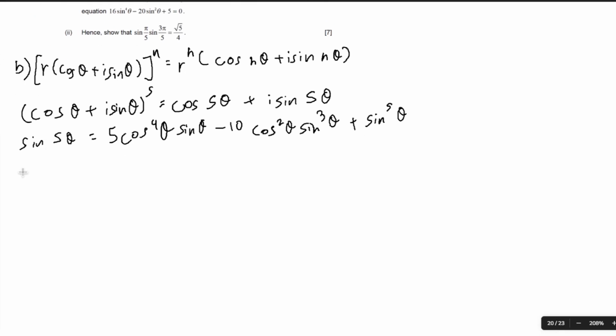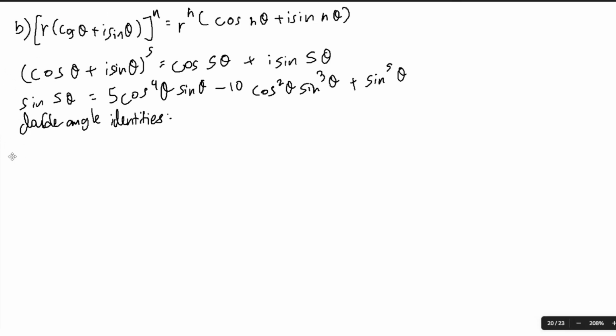All right, so we can do this by looking at our double angle identities. And one of the formulae here is that cos squared theta is equal to 1 minus sine squared theta. From here, we can actually find an equation for cos^4 theta.